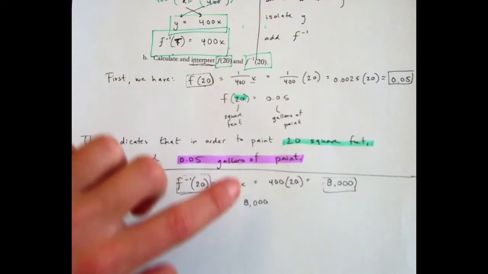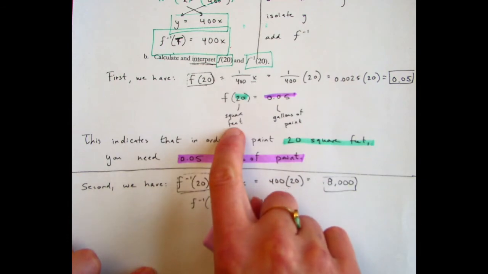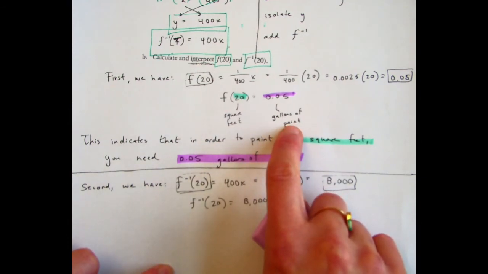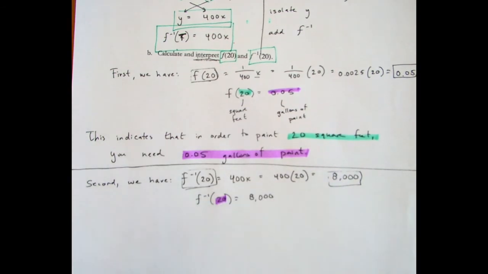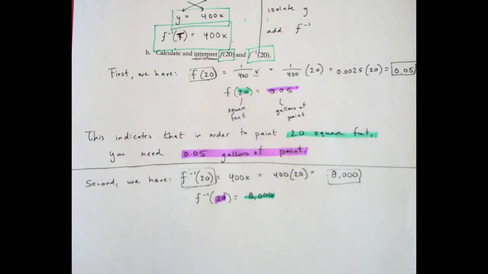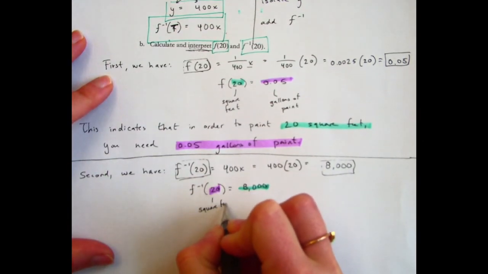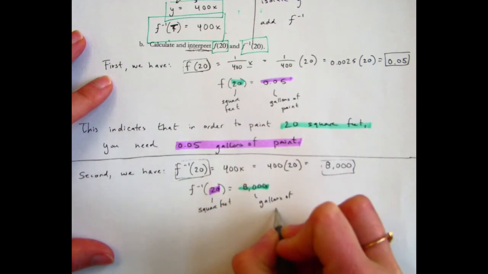So square feet, this unit is going to switch to the output, and the input is now gallons of paint. So inputs and outputs are switching places for our inverse function. And now the unit for my input is square feet, and the unit for my output is gallons of paint.